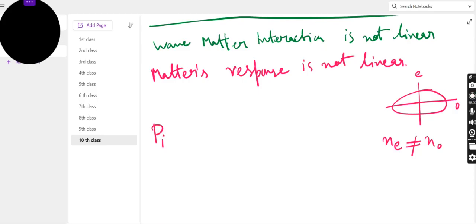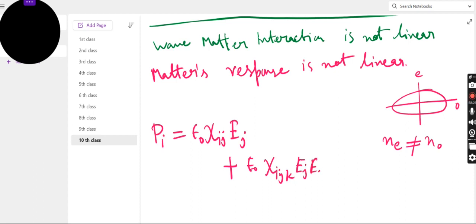For that, the polarization P is not only epsilon naught chi_ij E_j, but there are different parts: epsilon naught chi_ijk E_j E_k, and epsilon naught chi_ijkl E_j E_k E_l, and so on and so forth.